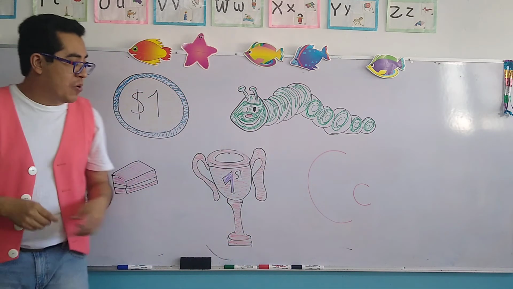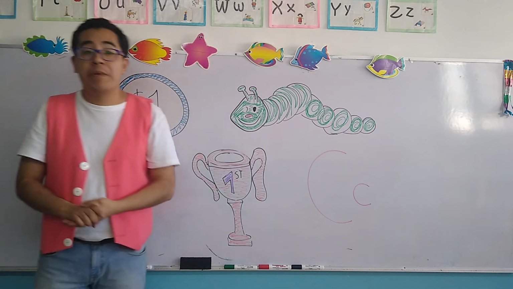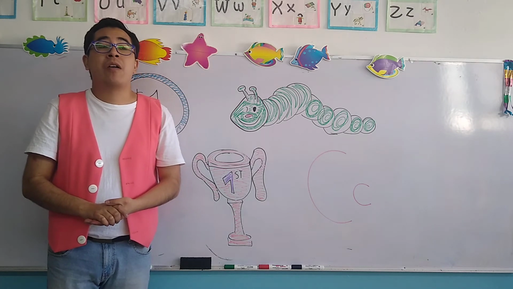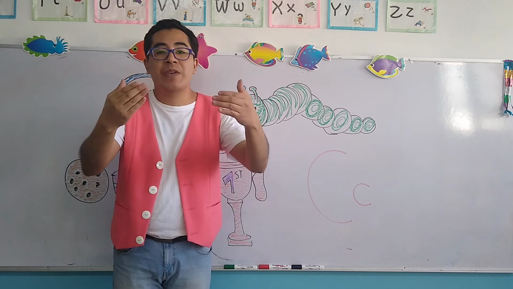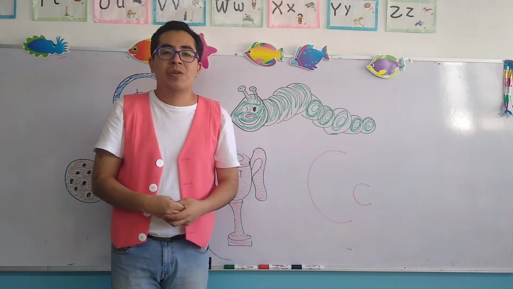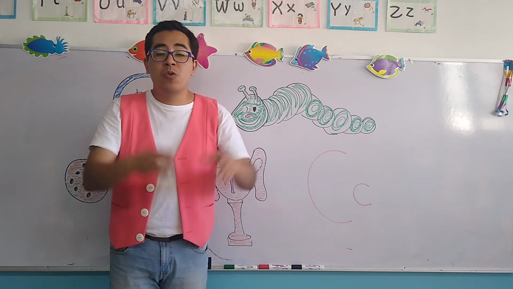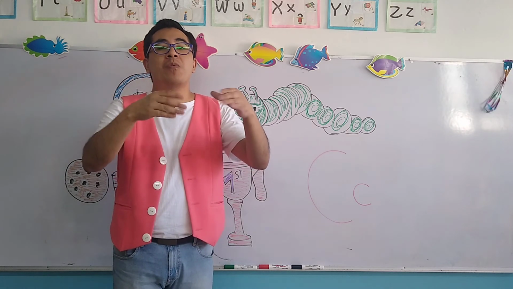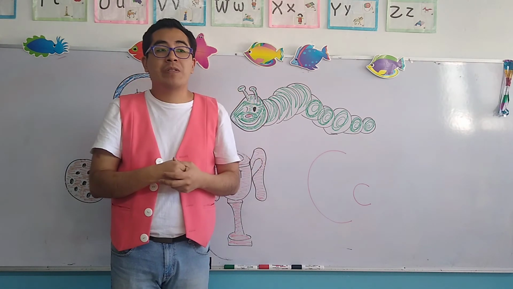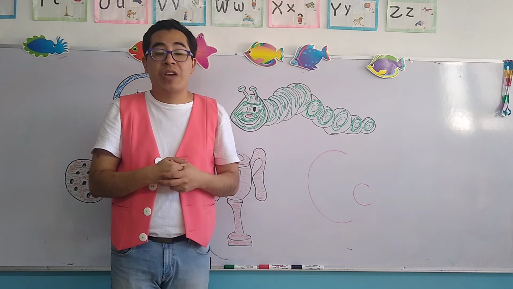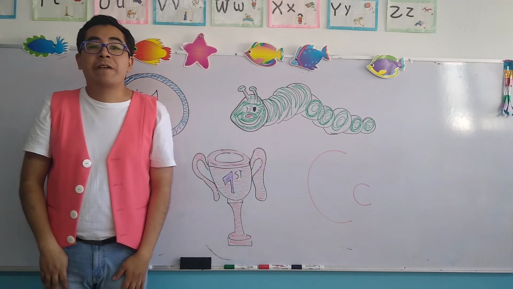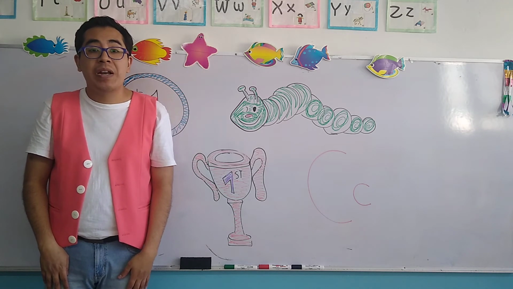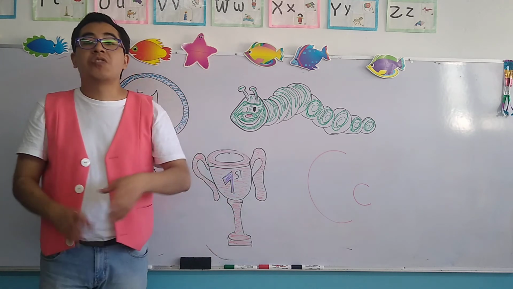Now, next we have the cup. Now the cup is an object that is given when we win something. Cada vez que nosotros ganamos, okay, se nos otorga un objeto llamado una copa, que es prácticamente un premio por el esfuerzo que hemos hecho. So, the cup is always given to the person that gets the first place.